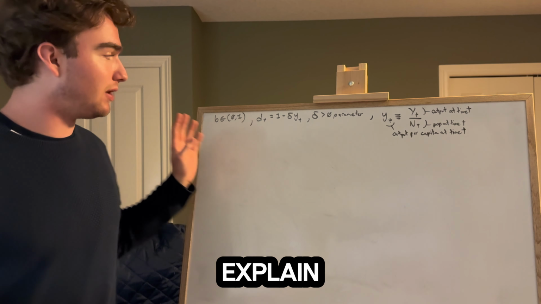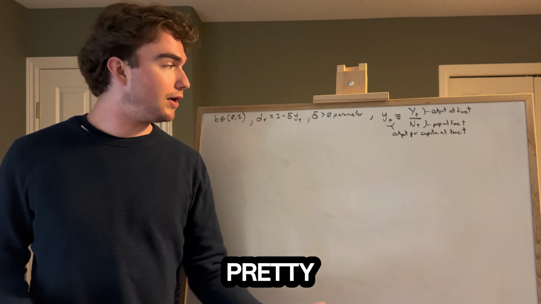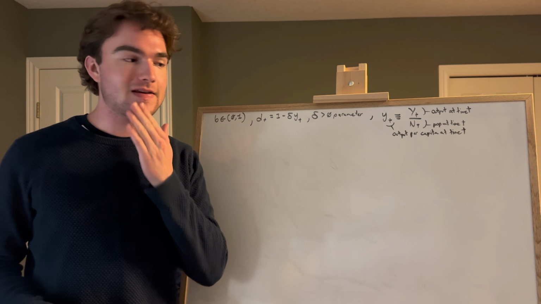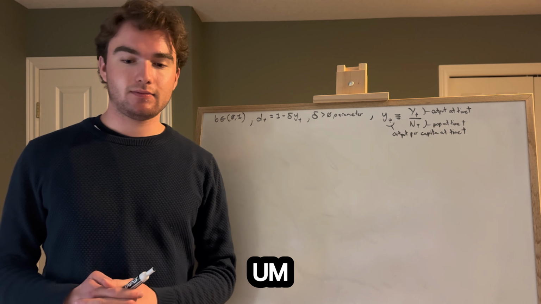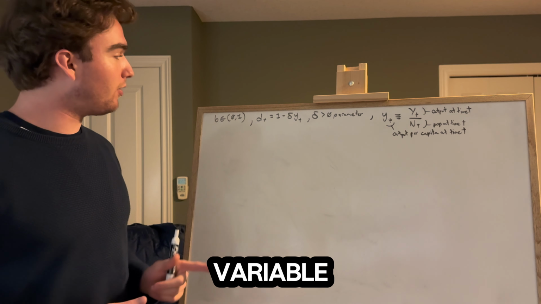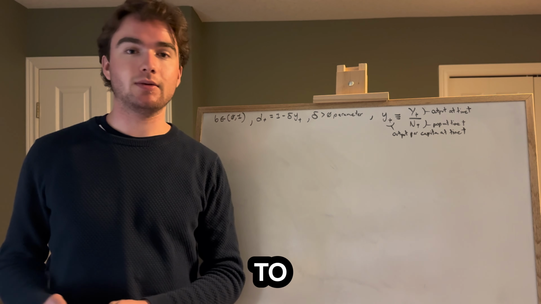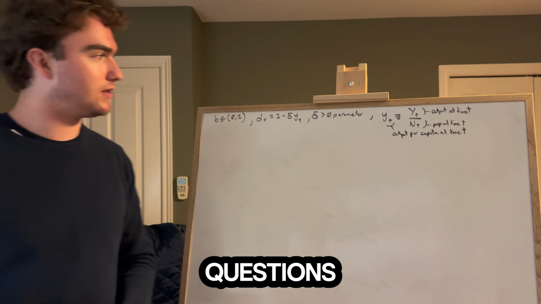But I'm going to explain more as I label because I think it's pretty important to learn how to label everything. The better you get at labeling every little variable, the better you'll be at solving the questions.